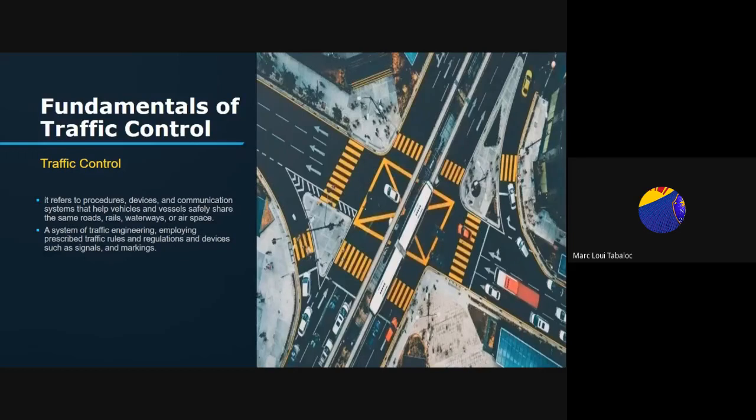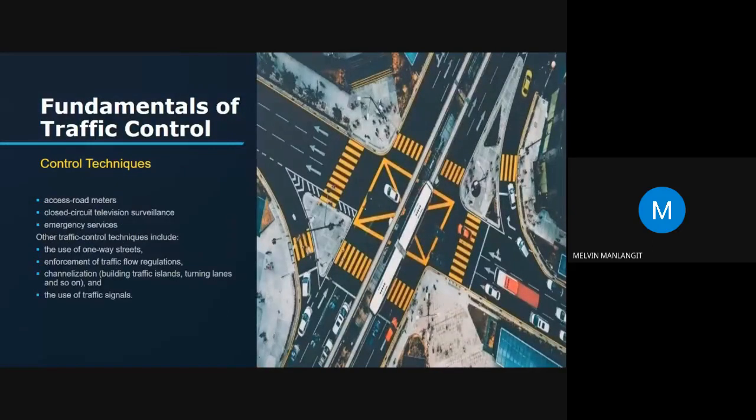So the means of promoting this can vary from simple improvement of local streets by installing traffic signs and road markings to constructing comprehensive motorway control systems. So what are these systems?